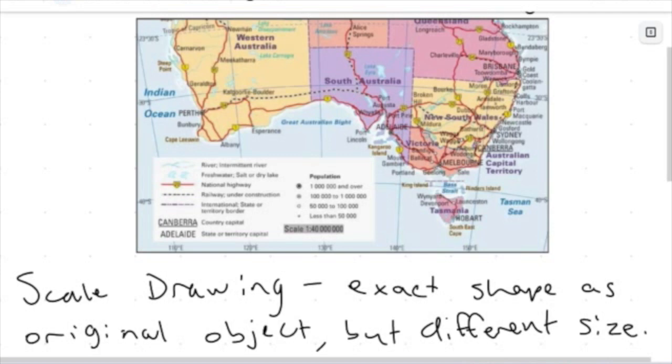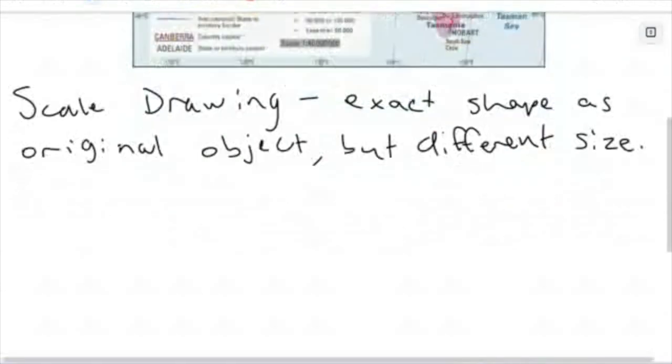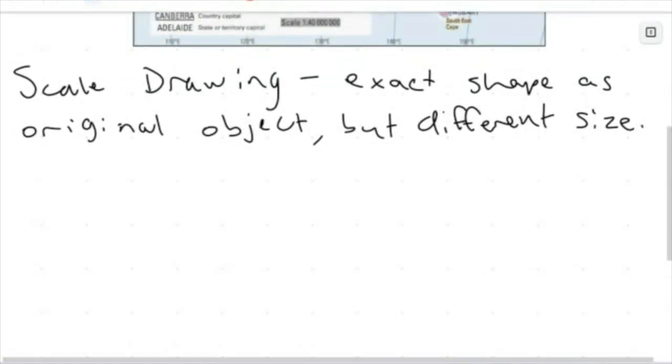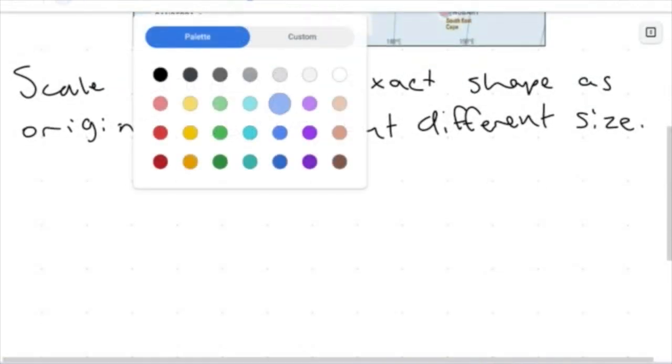And a scale ratio, so you can see in this map, we have actually a ratio here that basically tells us about the size of the actual thing. So I'm going to rewrite it down here.